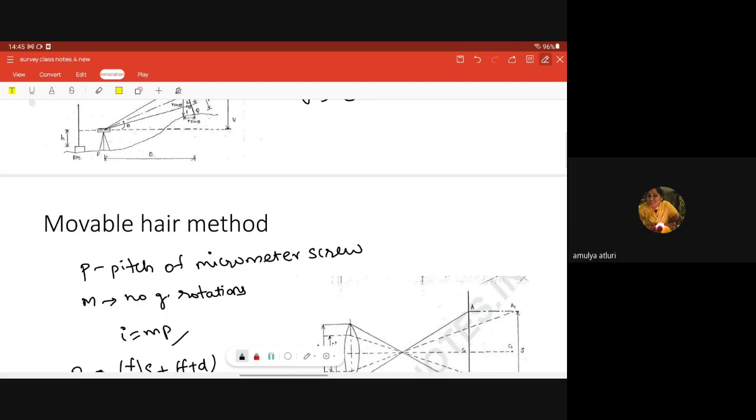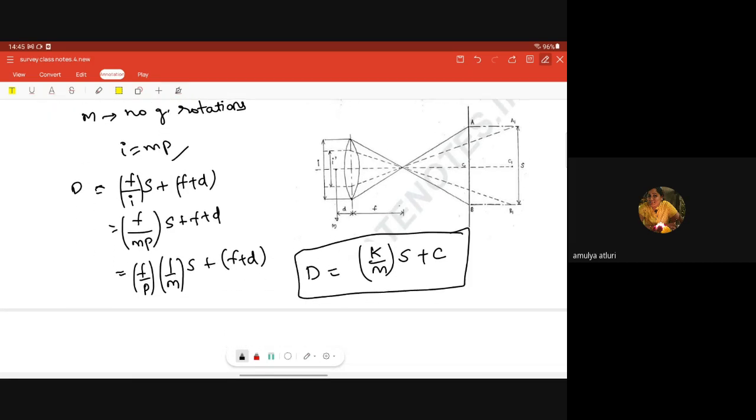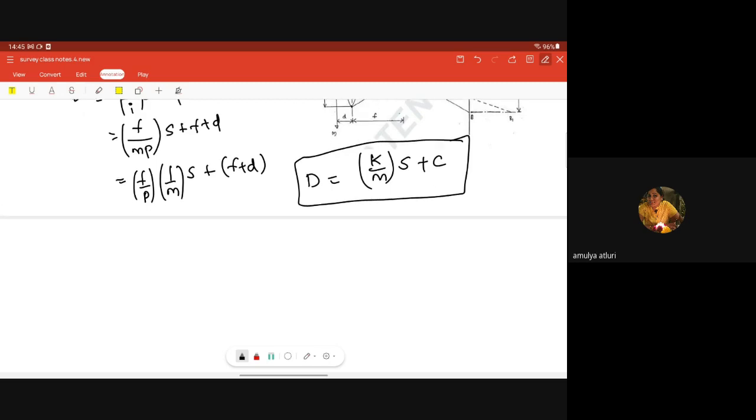Previously, if it is fixed, then D is equal to Ks plus C. In the movable case, we get another term like K by M: D equal to K by M into S plus C. In this method, the stadia interval is variable, whereas the staff intercept is kept constant.